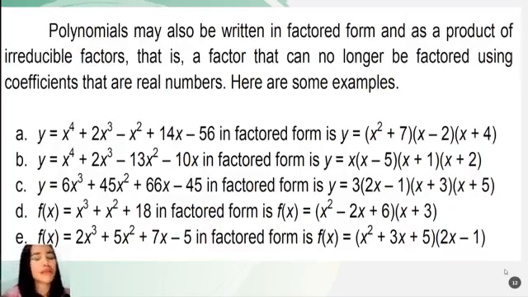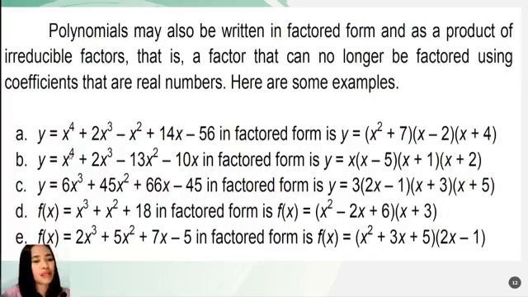Here are some examples. Letter A: y equals x to the fourth plus 2x cubed minus x squared plus 14x minus 56. In factored form, we can have y equals x squared plus 7 times x minus 2 times x plus 4.